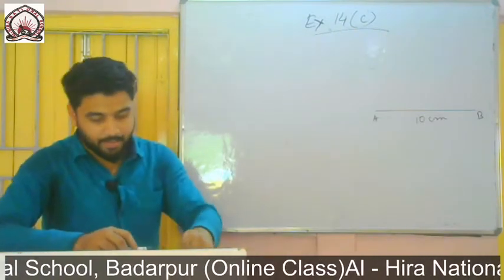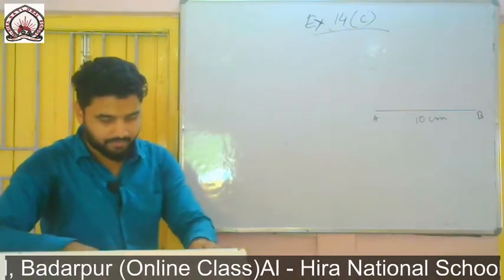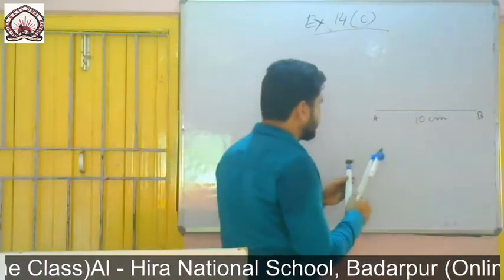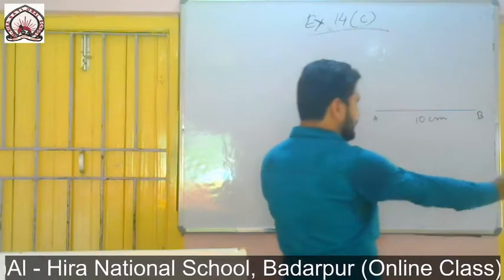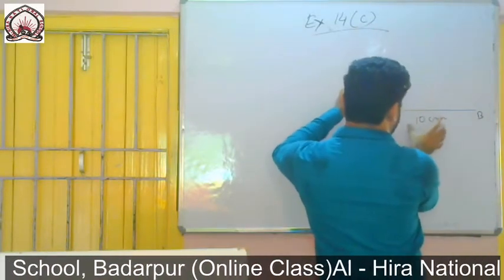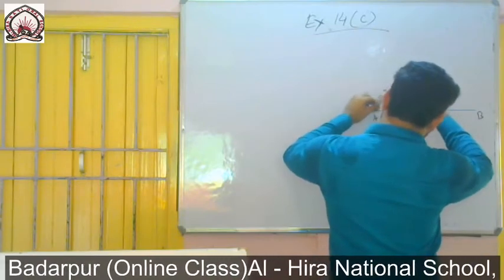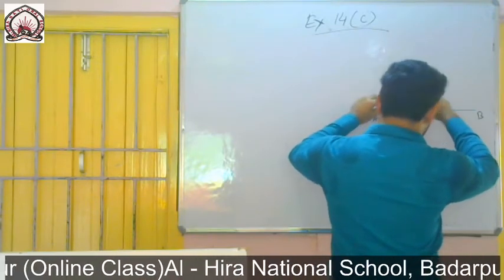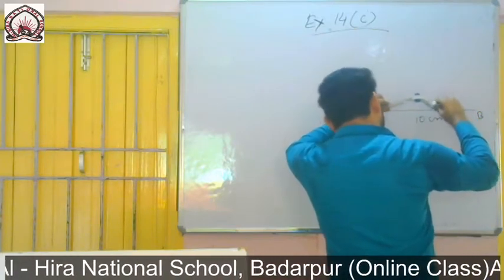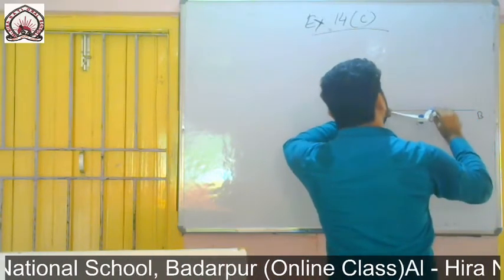So first you take more than half of 10 centimeter. Place your compass at A. Actually I cannot draw this exactly, I am just showing how to draw.